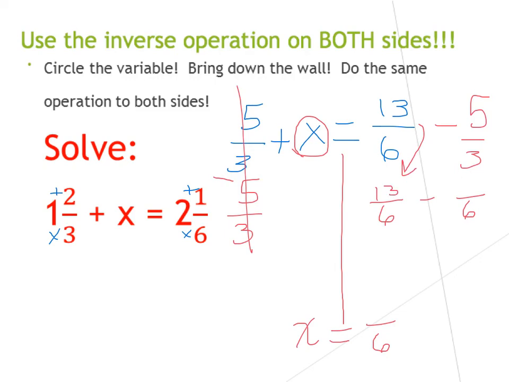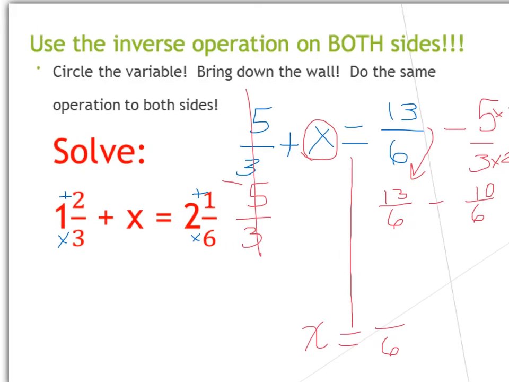And then on this one, I had to multiply 3 times 2, so I'm going to multiply the 5 times 2, which gives me 10. And then I can actually get started subtracting. I know 13 minus 10 is going to leave me with 3. And that is not simplified because 3/6 is equivalent to 1/2. So x is equal to 1/2.